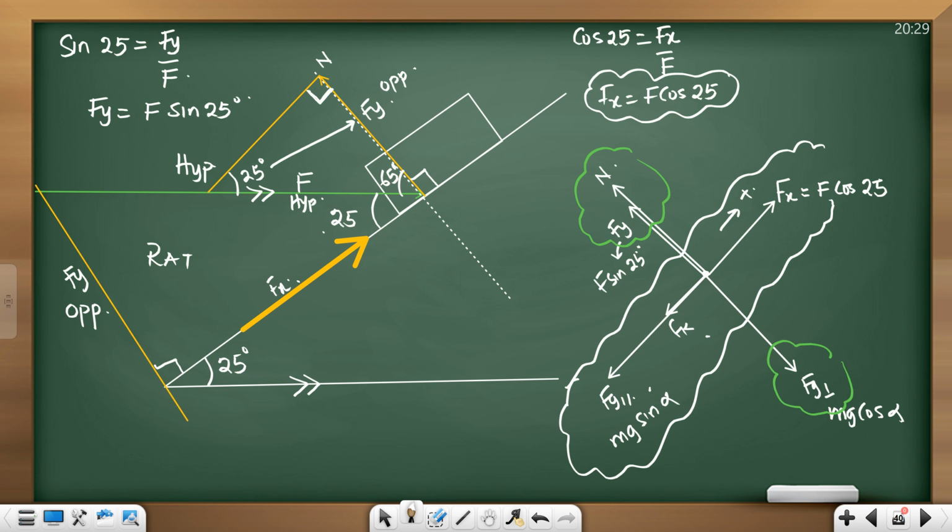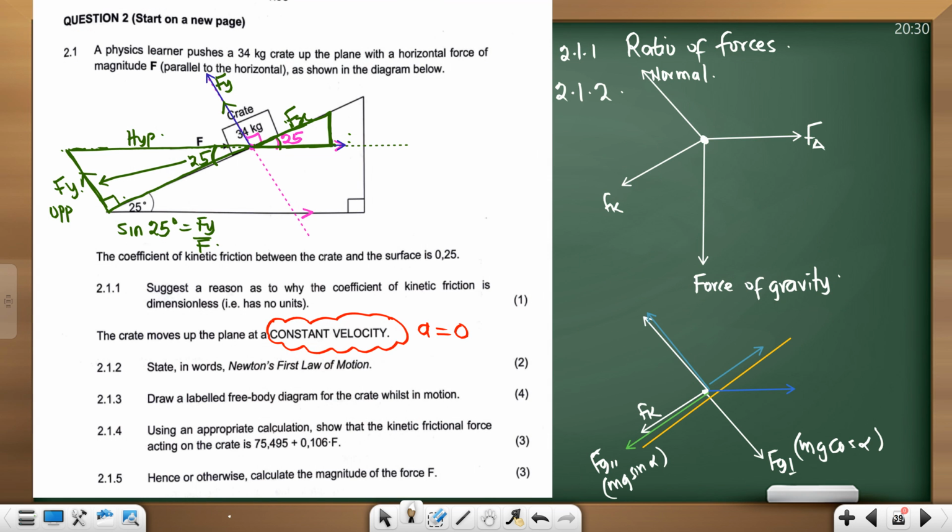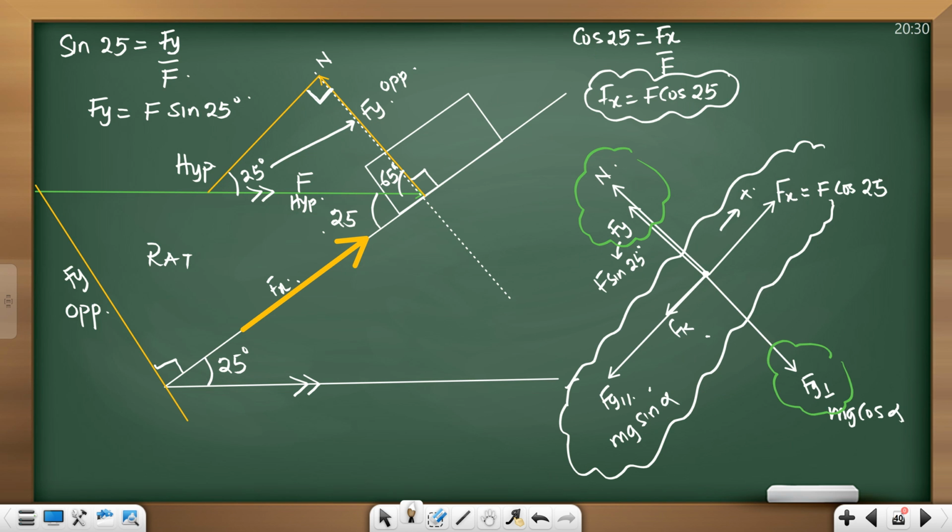Free body diagram. Instead of it pushing, it was pulled.